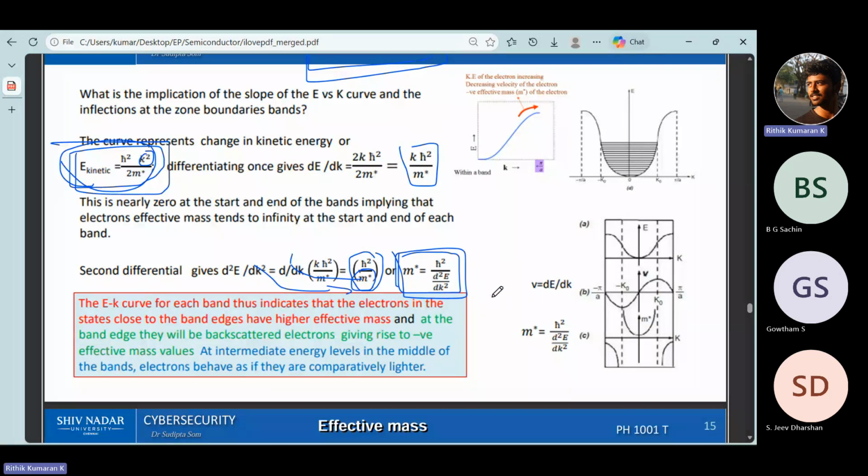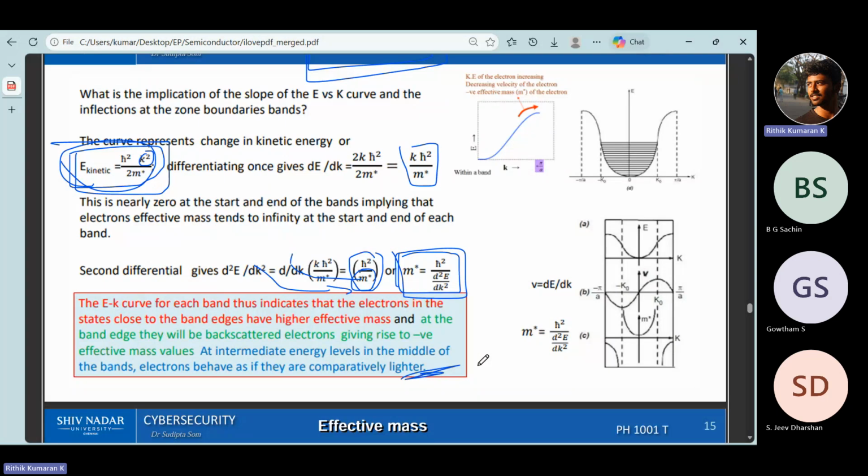So this is one box. Now what it is saying is that it might sometimes give rise to a negative effective mass. You might think, how can mass go negative, that too effective mass? Pretty simple. If an electron stays very close to the edge of the band, it will have a higher effective mass.